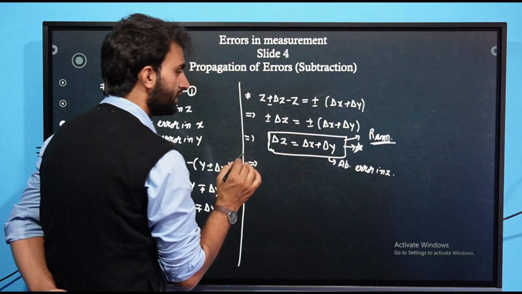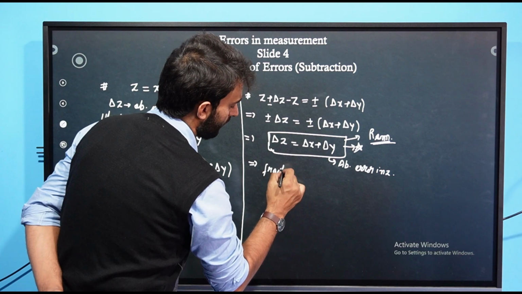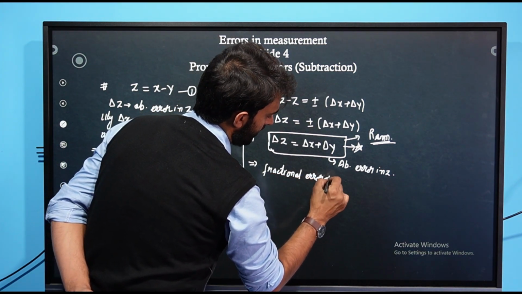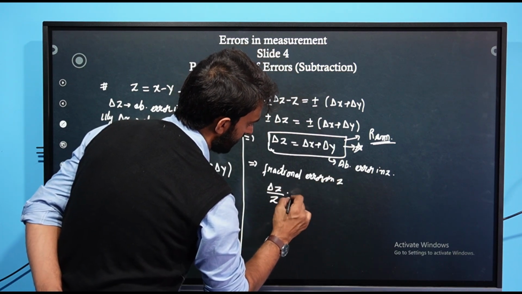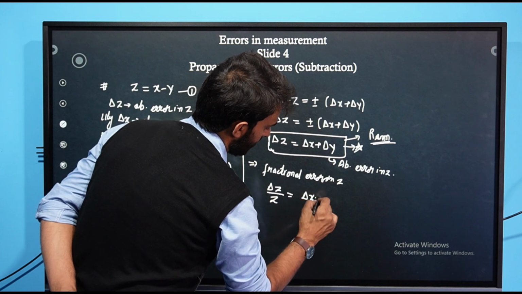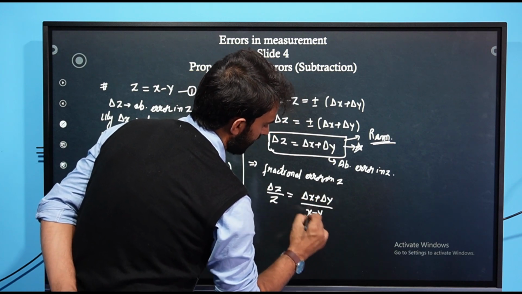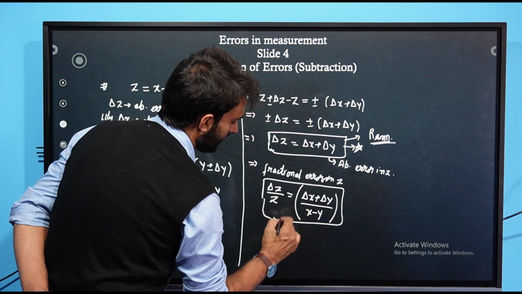So what will be the fractional error for z now? So the fractional error in z, that will be delta z divided by z. So that means delta x plus delta y divided by x minus y. So this will be the fractional error in case of z.